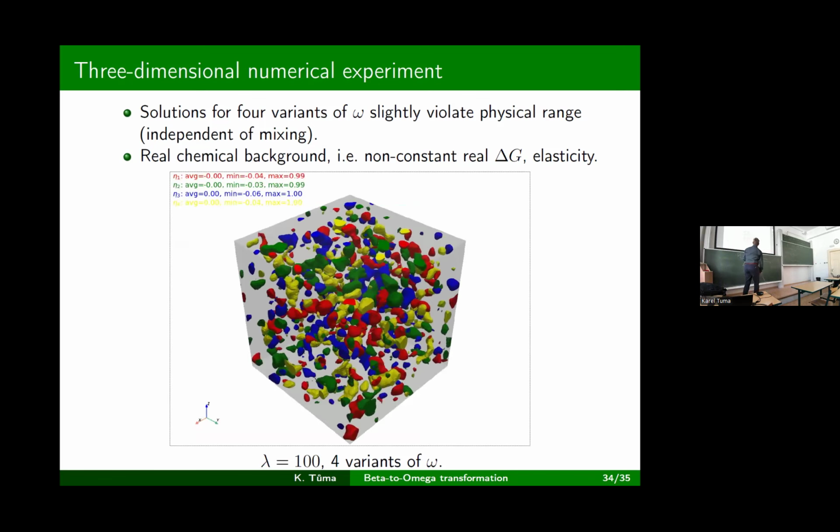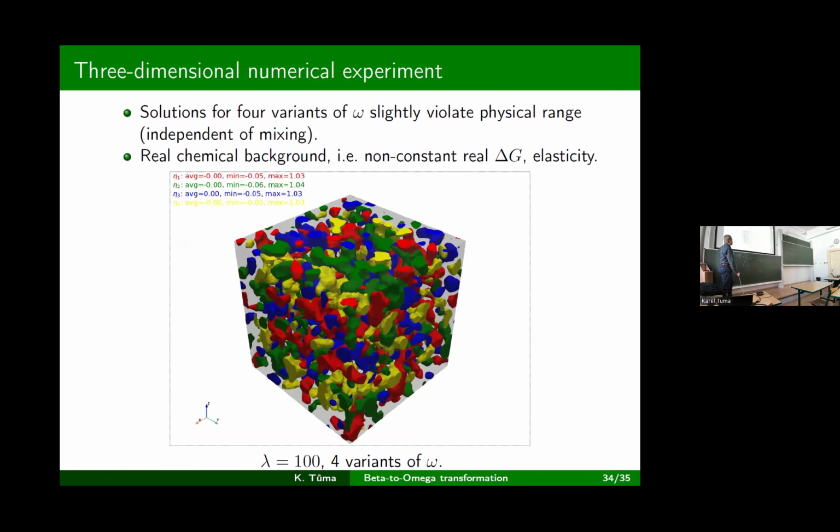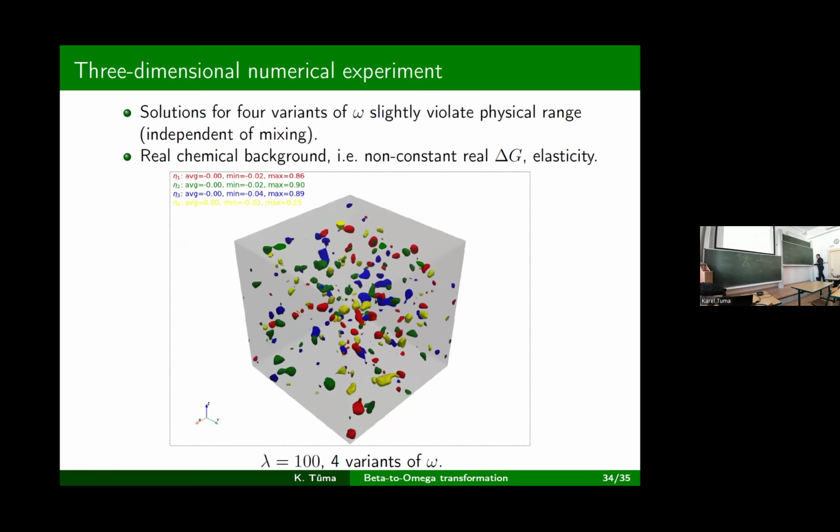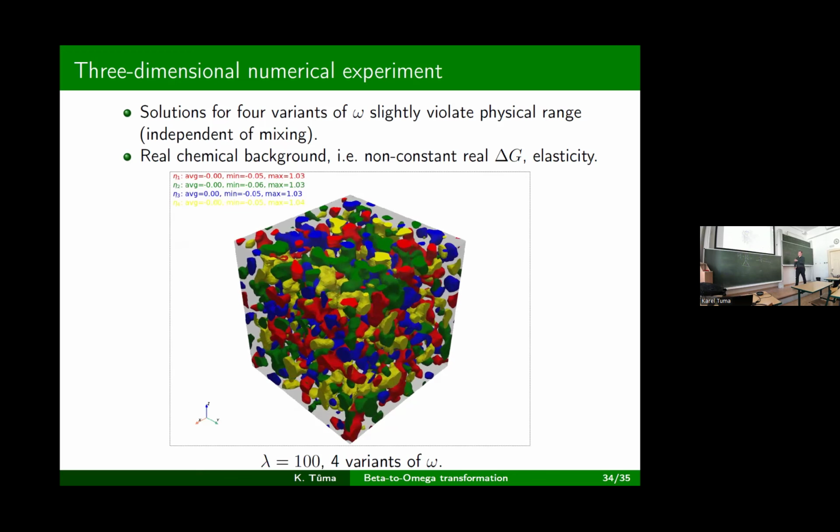And the last thing that I can show you is the simulation in 3 dimensions. Here the chemical energy is constant in time, but it depends on the space, and it is computed somehow realistically. Also it is more complicated.